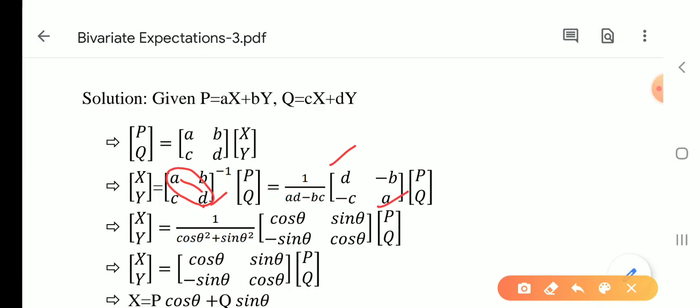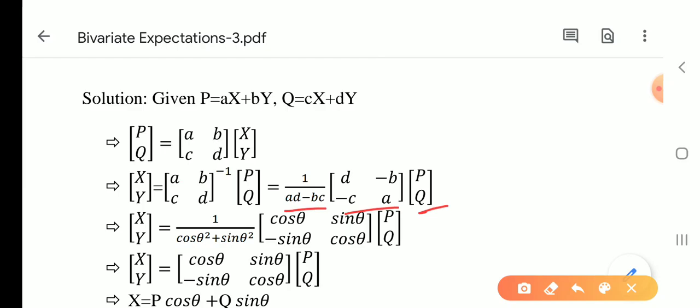That is, B becomes minus B and C becomes minus C. So A inverse is nothing but adjoint A by determinant A. So that becomes 1 by AD minus BC into the square matrix D, minus B, minus C, A into PQ.